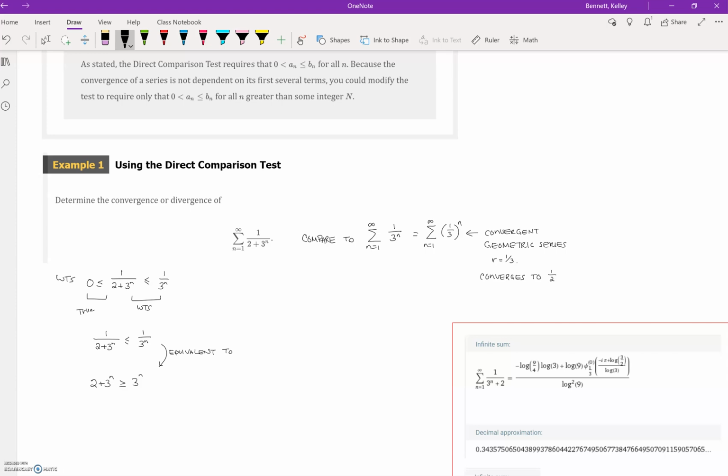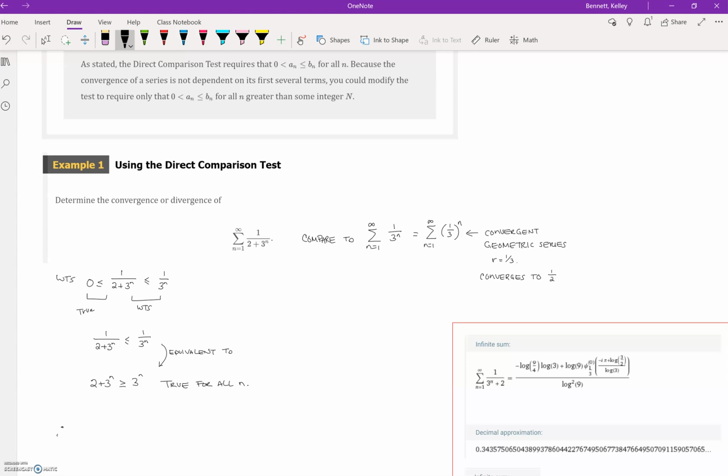This is certainly true because 3 to the n is the same value, and adding 2 to it will surely make it larger. So this is true for all n. So since we've shown that 1 over 2 plus 3 to the n is smaller than 1 over 3 to the n, then the fact that the series of 1 over 3 to the n converges would imply that the series of 1 over 2 plus 3 to the n converges.